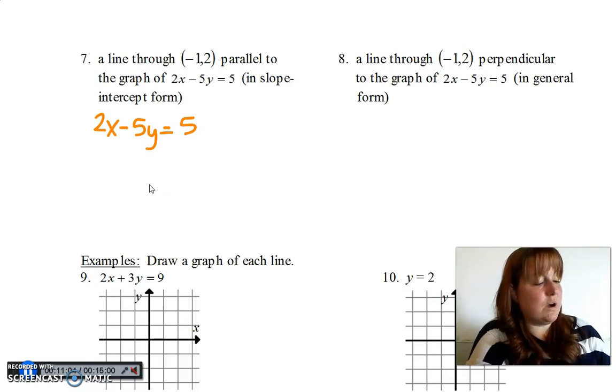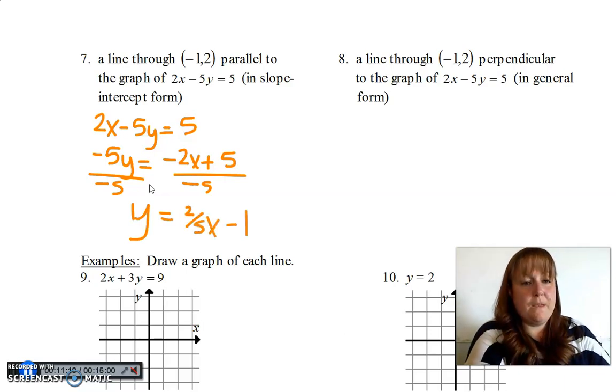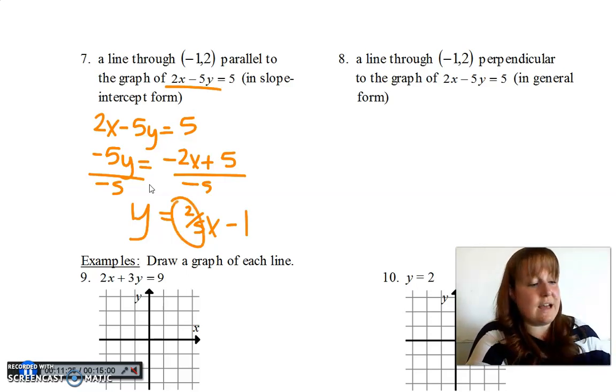So we're going to subtract 2x from both sides, so we have negative 5y equals negative 2x plus 5. Divide by negative 5. And you have y equals 2/5 x minus 1. So the slope of this line is 2/5, right? And since we're finding a line that's parallel to that line, we're just going to write that same slope.